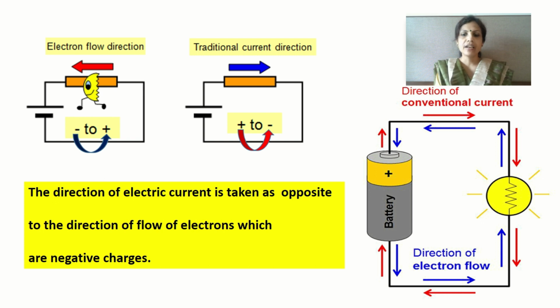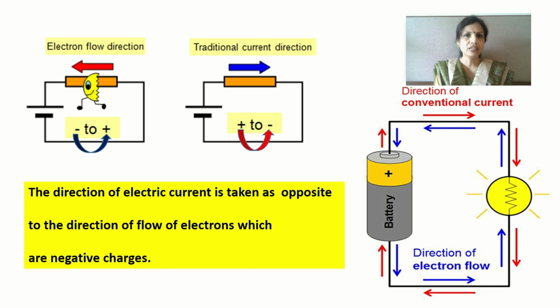So look at this diagram. The blue arrows show the direction of electrons, flowing from the negative terminal of the battery to the positive terminal of the battery. But the direction of conventional current is always from the positive to the negative terminal of the battery, which is shown by the red arrow.